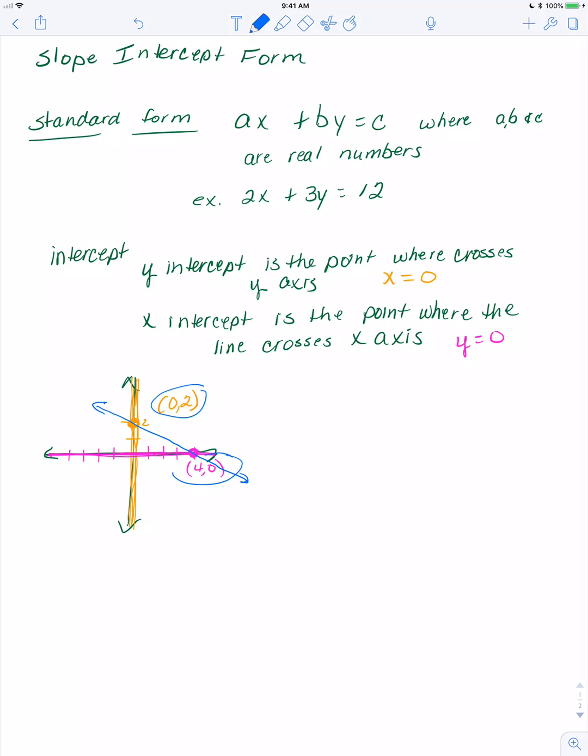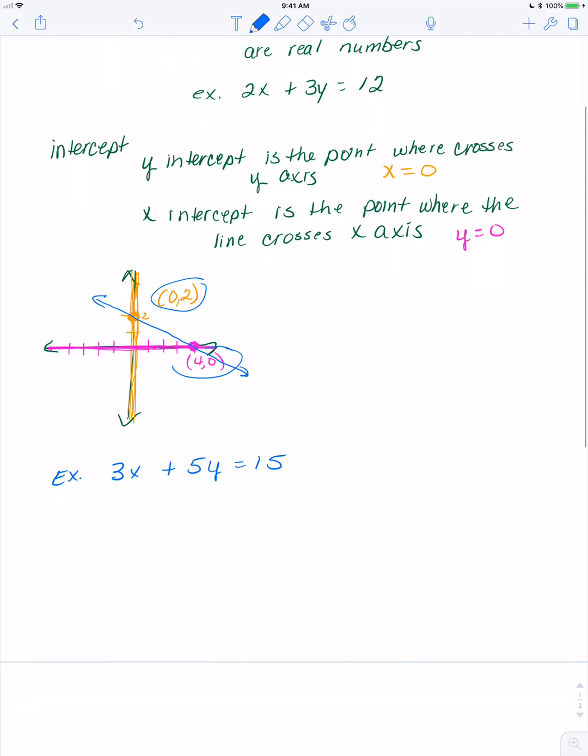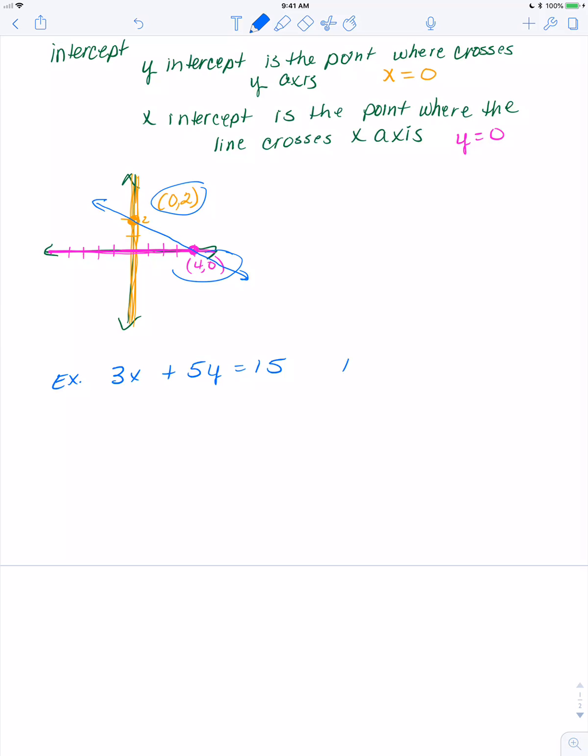So let's say that we have an equation 3x plus 5y is equal to 15, and we are told to find the intercepts. Well, we know that our x-intercept is where y is equal to 0.